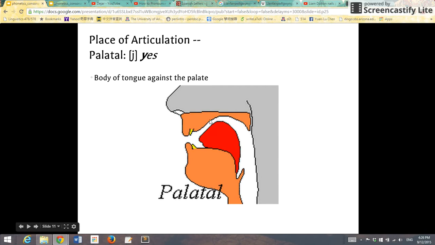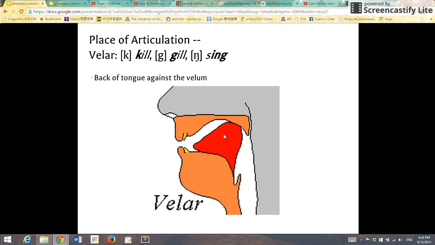And following the alveolar part is in the middle, palatal. So when you say yes, you are using palatal. Okay. And velar is the soft part on the roof of your mouth. Okay, with kill, gill, sing.